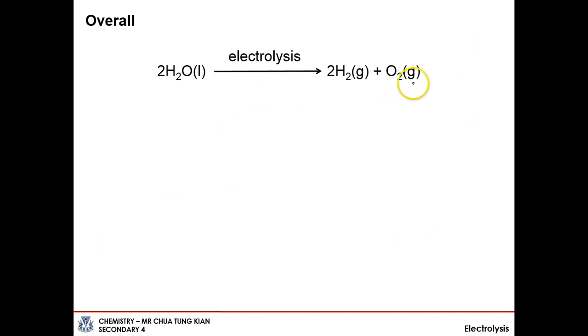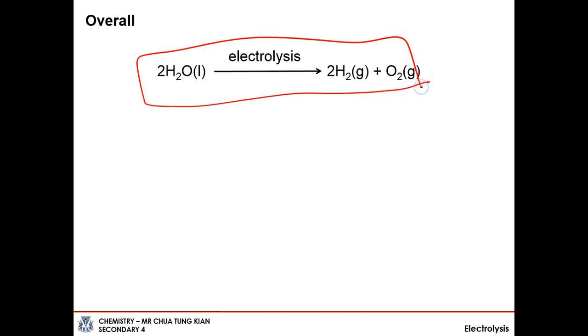So overall, at the end of the day, what do you get? You again get the electrolysis of water to give you H2 gas and O2 gas. Based on this overall reaction, can you deduce something already?